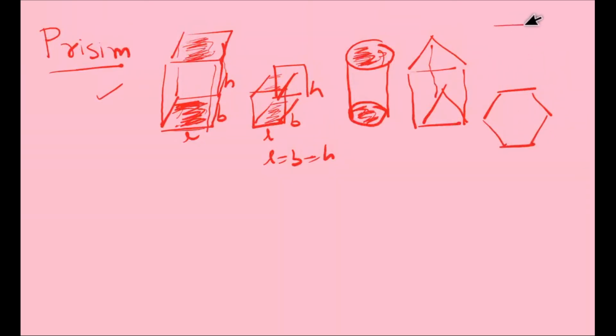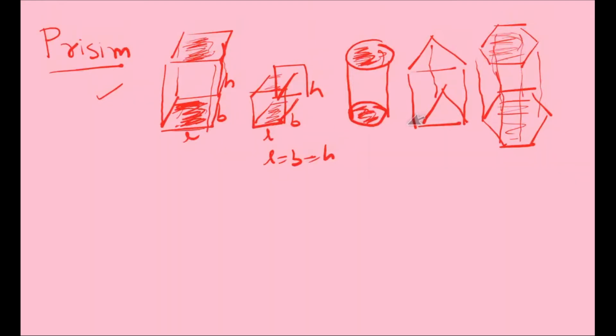Then top is also a hexagon of the same side. Join this, then you are finding this type of the shape, that is also known as prism. Why is it a prism? Since the base area and top area are similar in shape and size, they are congruent. Okay, so this type is the prism.